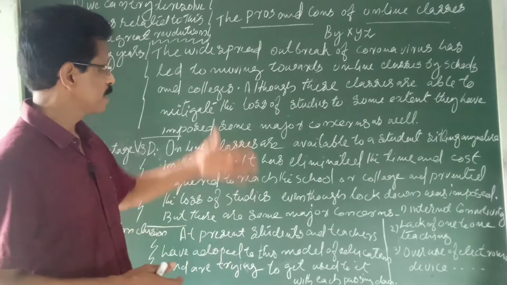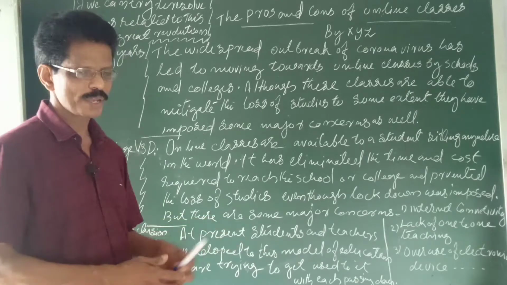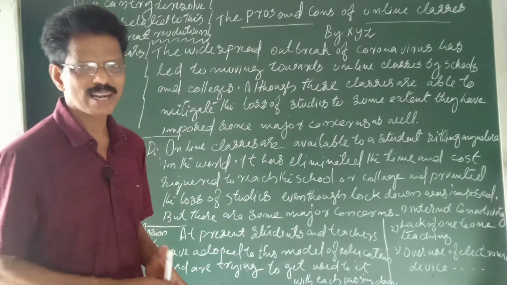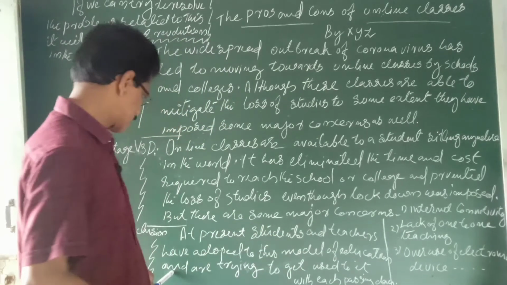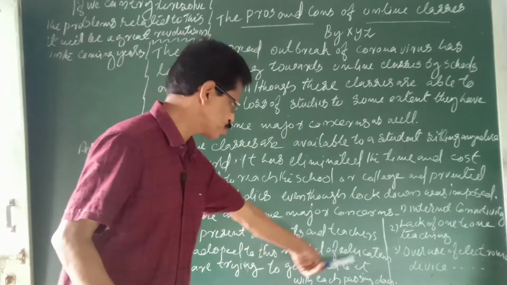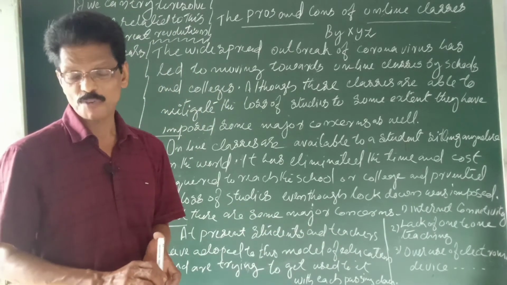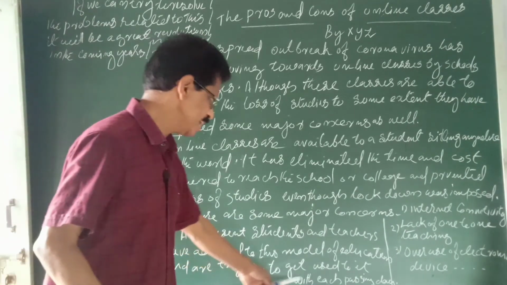There are some merits, demerits, etc. But we have become accustomed to, familiarized with this method of online classes, and are trying to get used to it with each passing day.